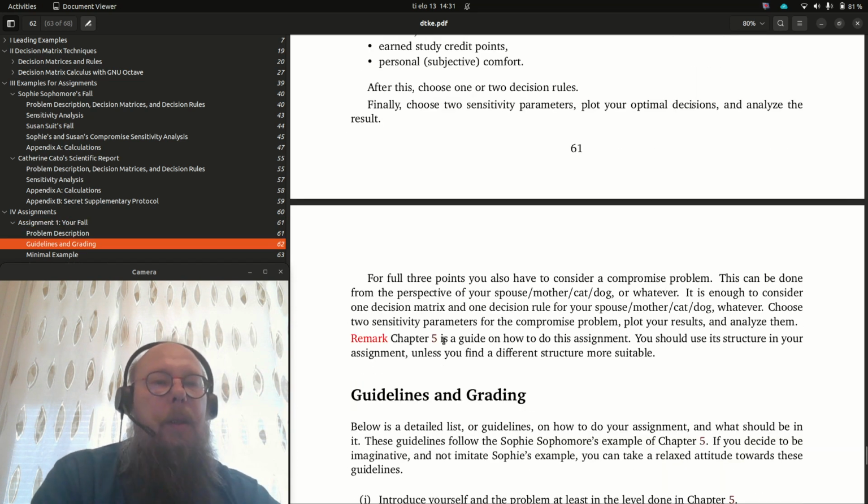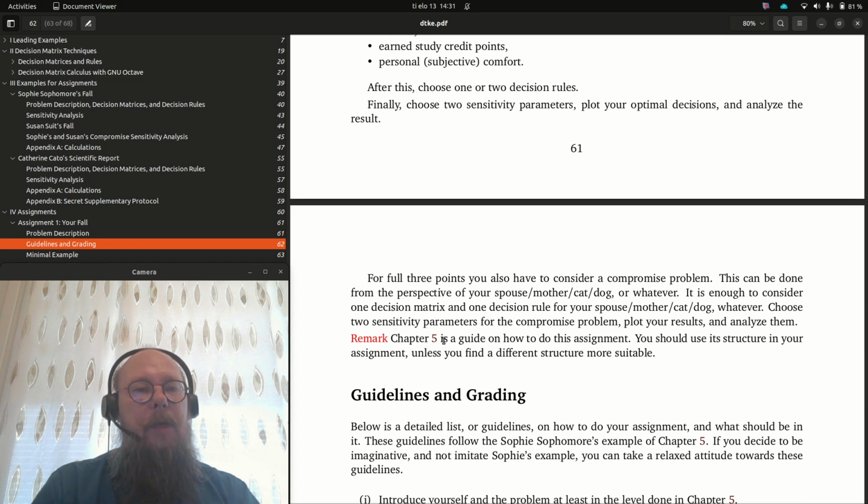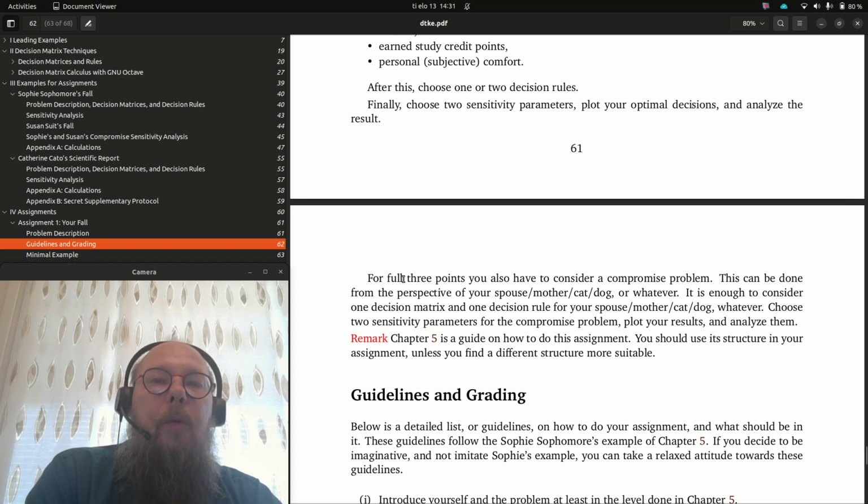Also, so that was just for you. To get the full 3 points, each assignment gives you grade points from 0 to 3, and to get the full 3 points, you need to consider a compromise problem.